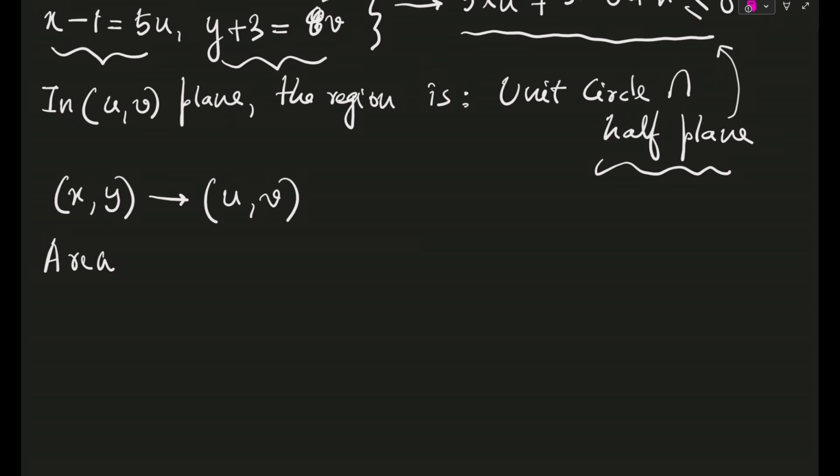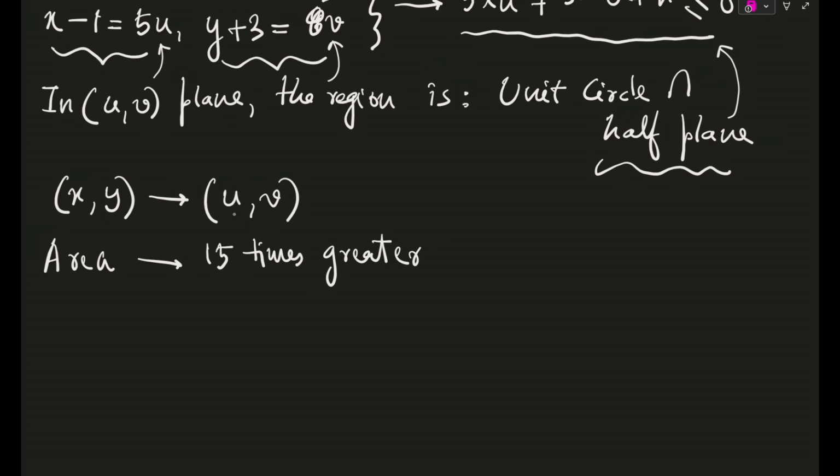Here 5 is multiplied and here 3 is multiplied, so whatever constant is there won't change the multiplicative influence on the area, right? So the area in the xy plane will actually get 15 times greater.